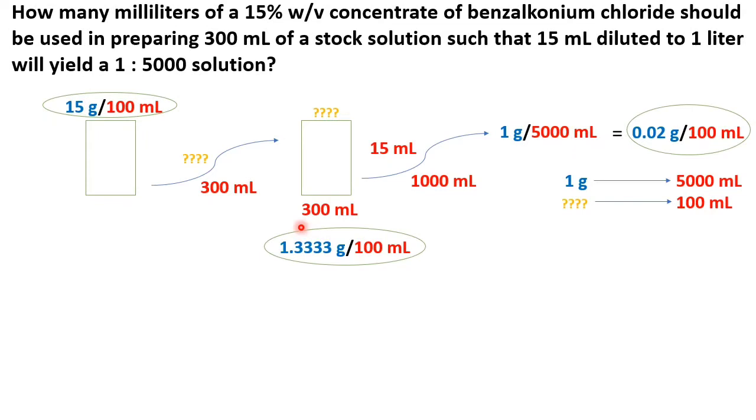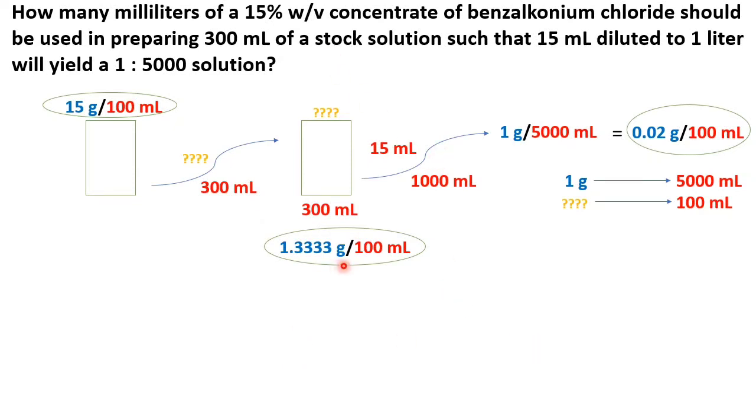Okay, now our unknown is how many mls we should take from this solution to get this solution. We know the concentration of this solution and we know the concentration of this solution. Now we should know how many mls to take from this solution in 300 milliliters to make this solution here.